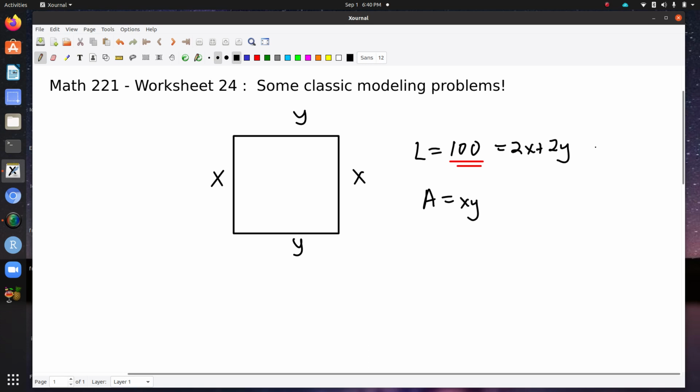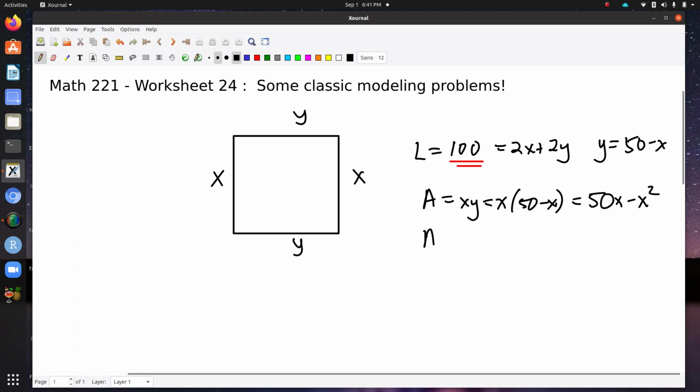So easily we know that, you divide everything by 2, so x plus y is 50. y is 50 minus x. And so the area must be x times 50 minus x, which is 50x minus x squared.